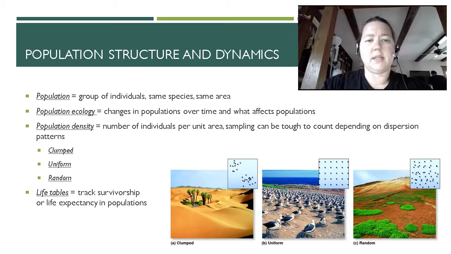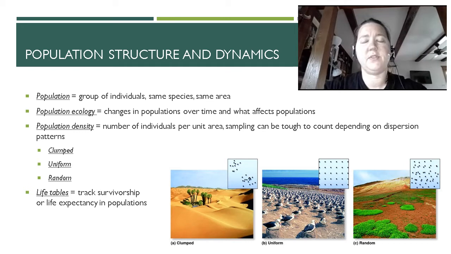Population, if you remember, is a group of individuals of the same species in the same area. So we're talking about the humans in I-105, the deer in Washington Township, that kind of stuff. Population ecology is the studying of changes in the populations over time and what's actually affecting those populations.